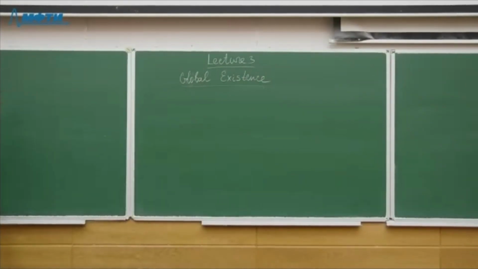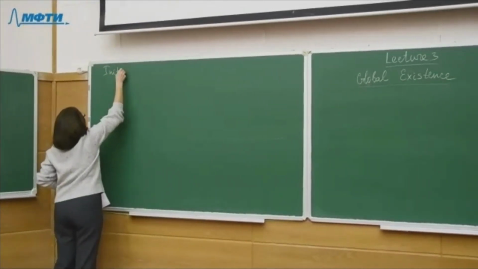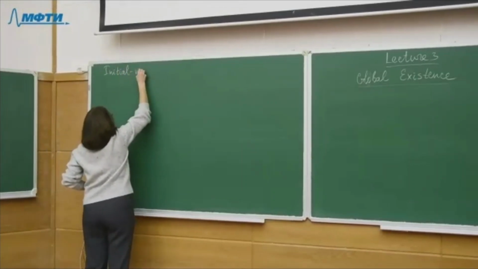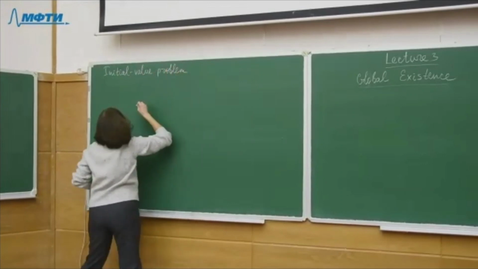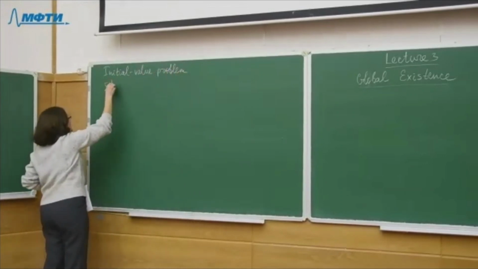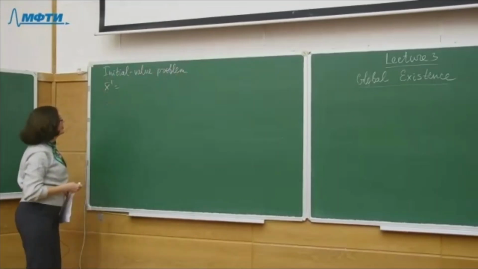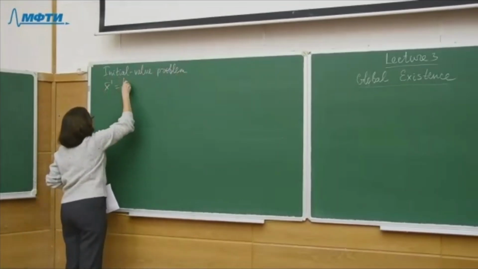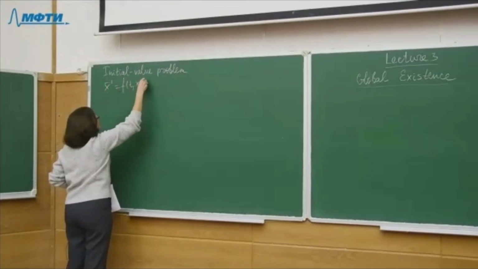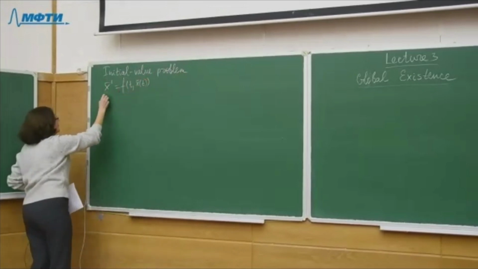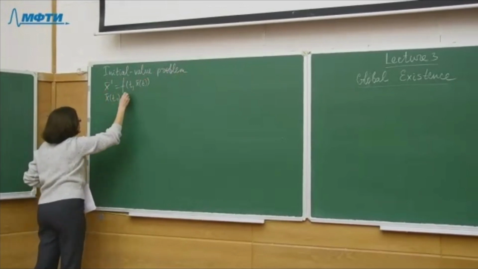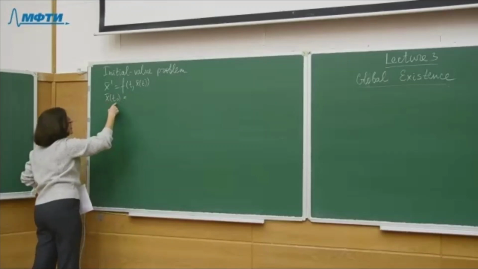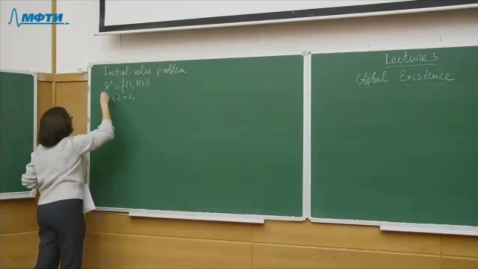I'd like to recall that we discussed the initial value problem. This is the vector equation, x prime equals f of t, x of t. And the initial condition will be x at the point t0 equals x0.